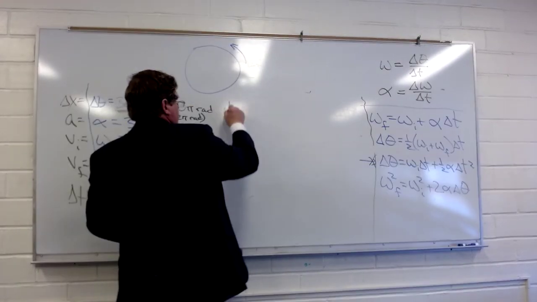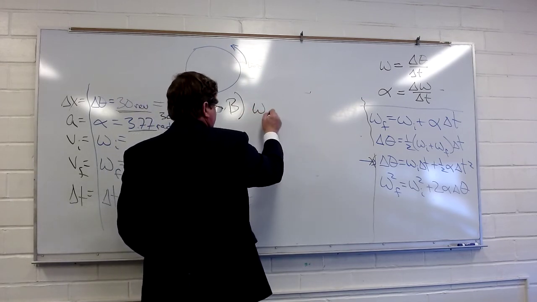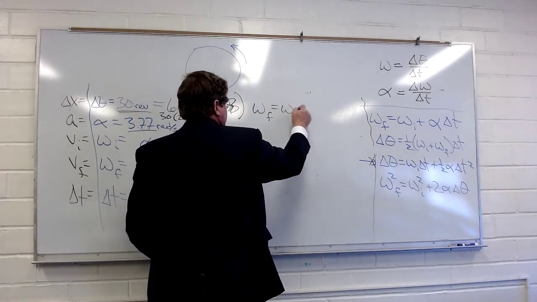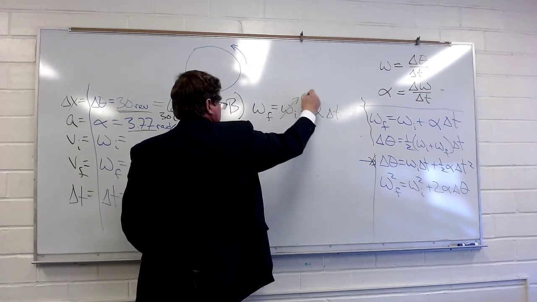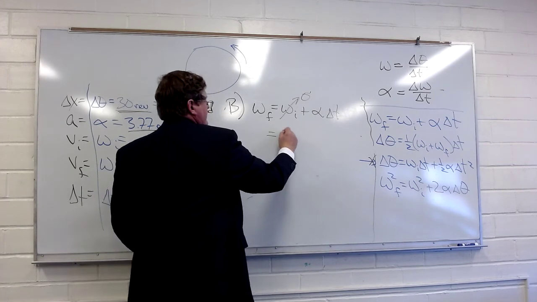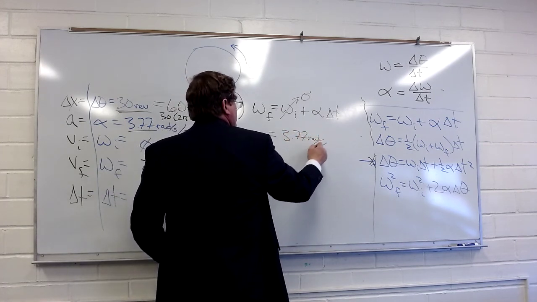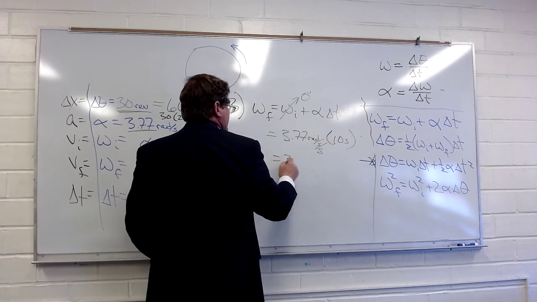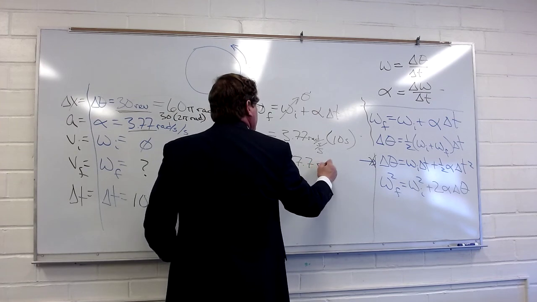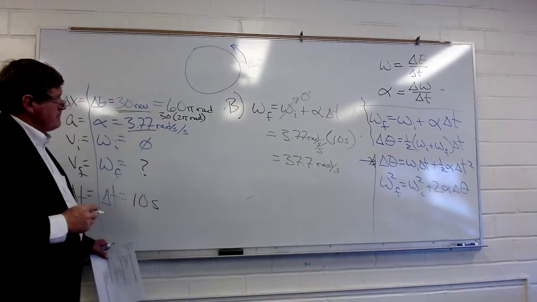So part B, I'm going to choose that first equation, omega final is equal to omega initial plus alpha delta t. Well, omega initial is 0, so this is going to give me 3.77 radians per second squared times 10 seconds. I can do that in my head. That's 37.7 radians per second. That's the magnitude.